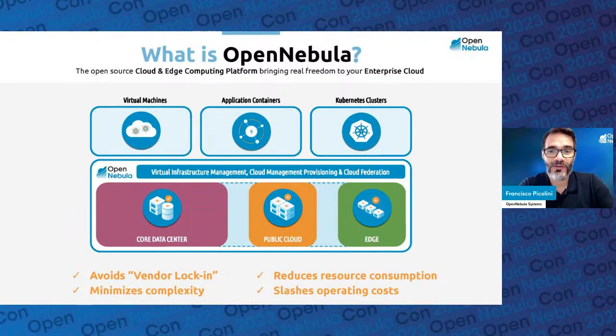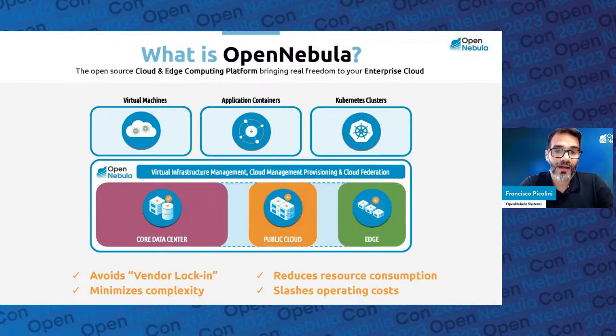OpenNebula is an open source virtualization platform that unlocks the power of a multi-cloud platform by combining edge, public, hosted, and private cloud operations. We offer on-demand resources with infrastructure from third-party public clouds and bare metal providers like AWS and Equinix Metal.